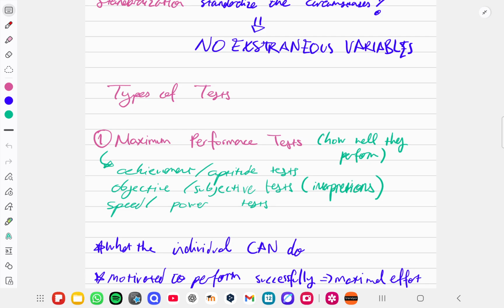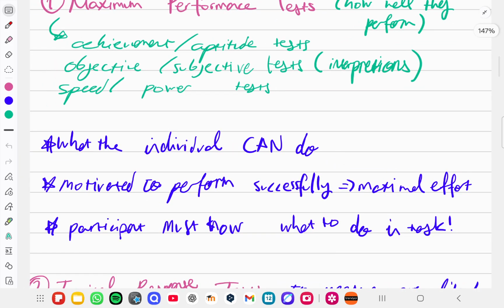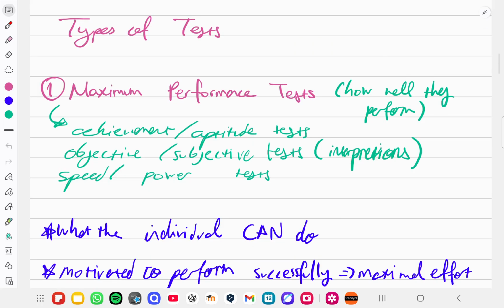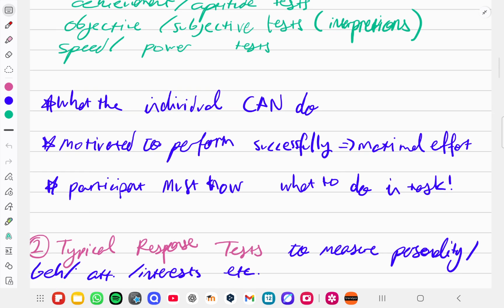So that will be the subjective test, where we need to interpret certain information in order to statistically analyze the participants' answers. Maximum performance tests can also be speed or power tests as well.